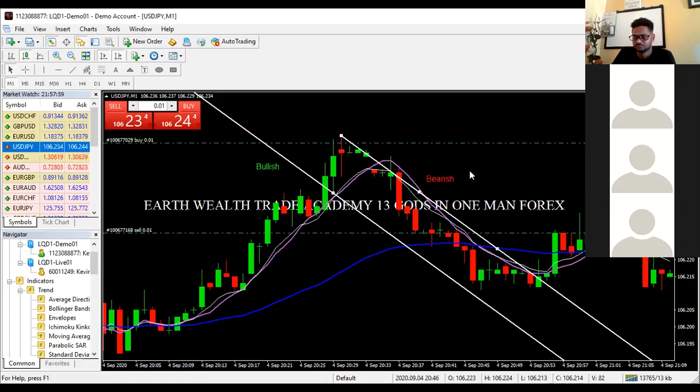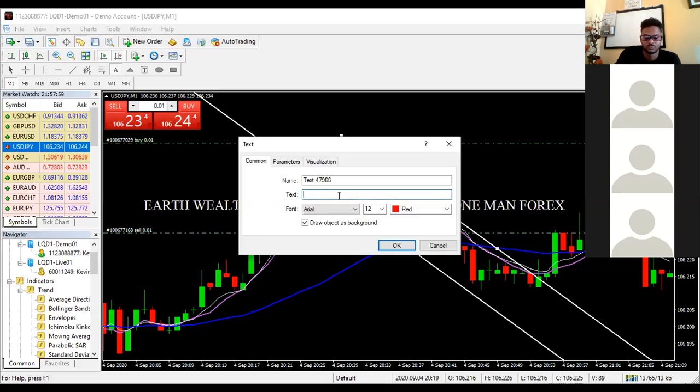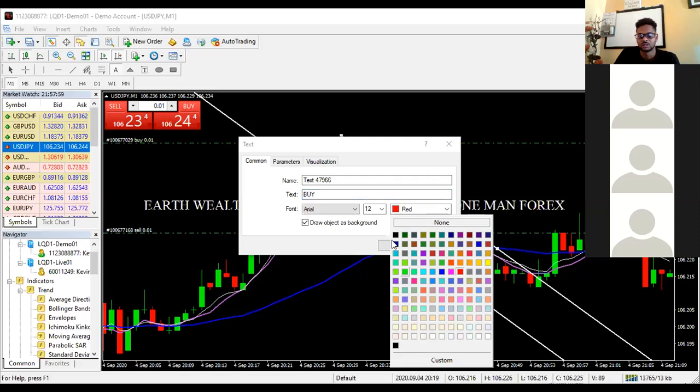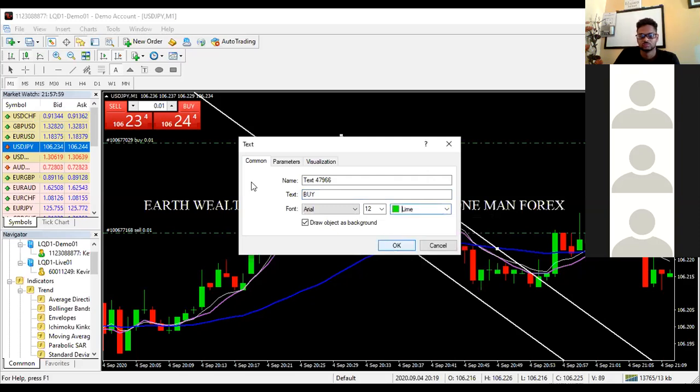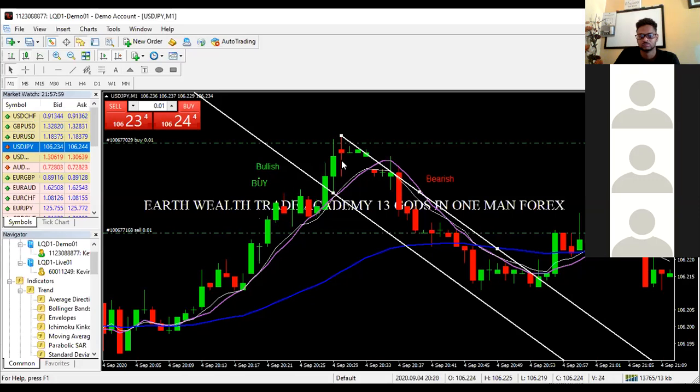Bearish, sell. We're going to touch a lot on this as it relates to support and resistance and market structure.